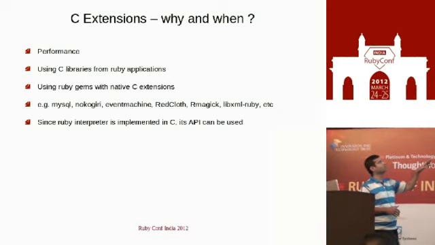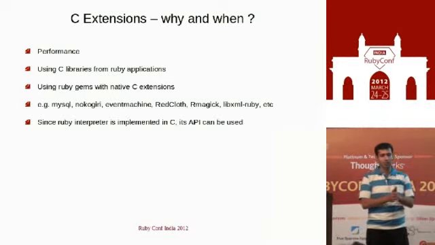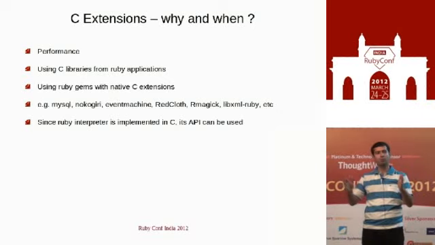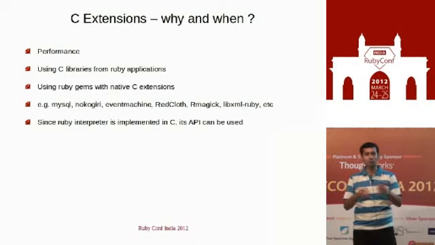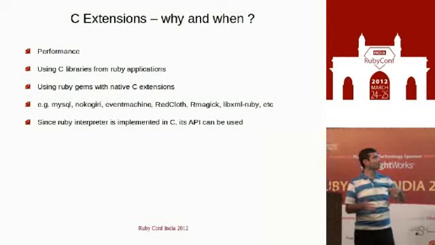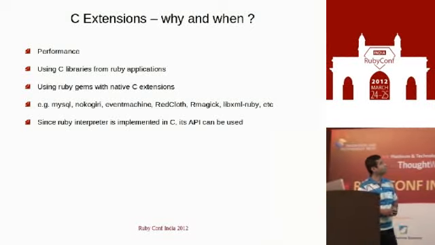And since the Ruby interpreter is implemented in C, the API can be used. I did not talk about the different methods, but basically when you create an array or a string, the corresponding method, rb_str_new or rb_ary_new, is called. If we know this API, then C extensions are very useful.